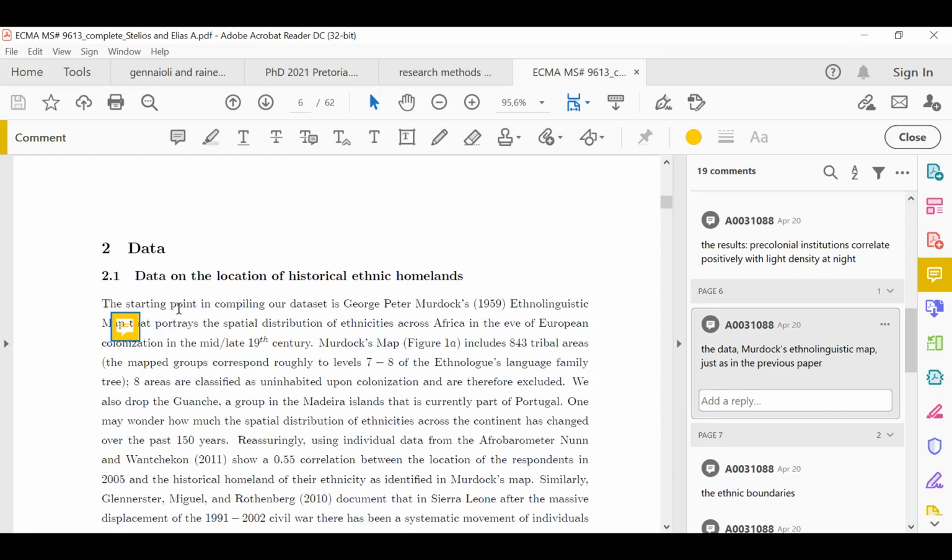This data is available. The starting point in compiling the data set is George Peter Murdoch's 1959 ethno-linguistic map that portrays the spatial distribution of ethnicities across the African continent on the eve of the European colonization.